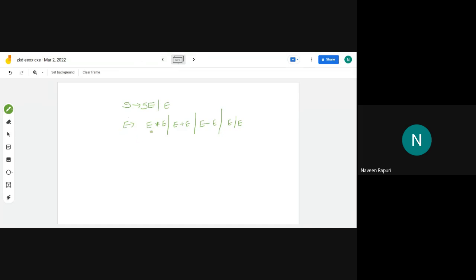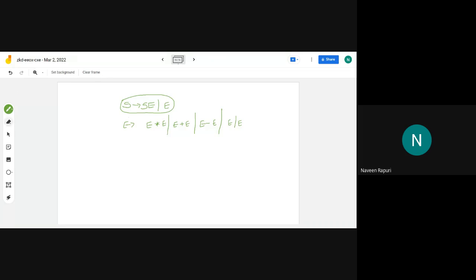So you need to have the expression statement in this format.